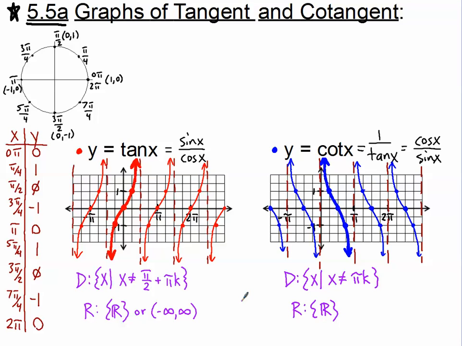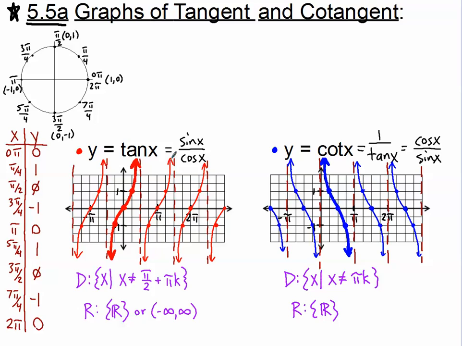One last note I'd like to make on this page is what the period for the tangent and cotangent graphs are. Again, the period is how often it takes for the graph to repeat itself. If you recall, for sine and cosine, the period was 2 pi, but now when you're looking at either one of these graphs, you can see that it takes exactly pi units before the graph starts to repeat its values again.